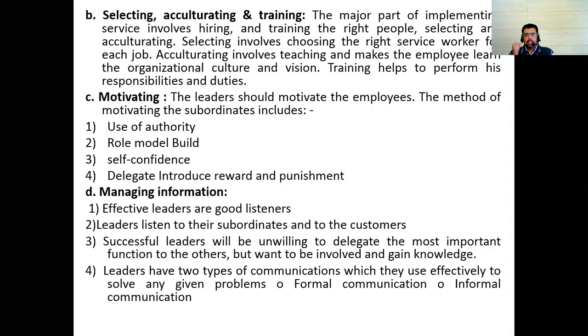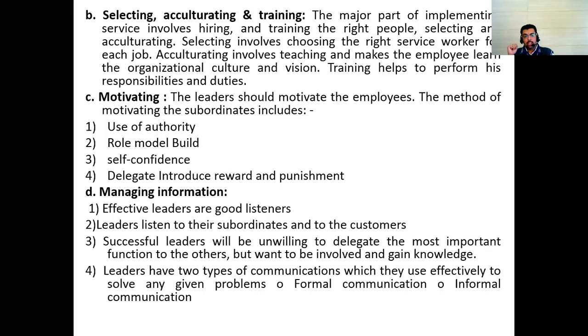You need to teach them like a teacher to the worker: the vision of the company, the mission of the company, objectives, targets, the culture. Everything you need to give them training. The training helps them perform their responsibilities and duties. Once you give such training, no doubt they can understand their responsibilities and duties to perform in the organization.